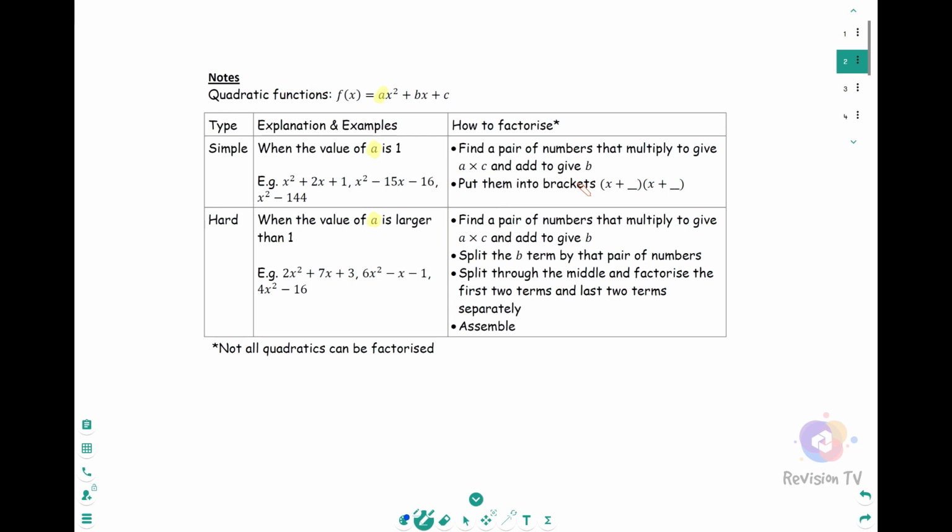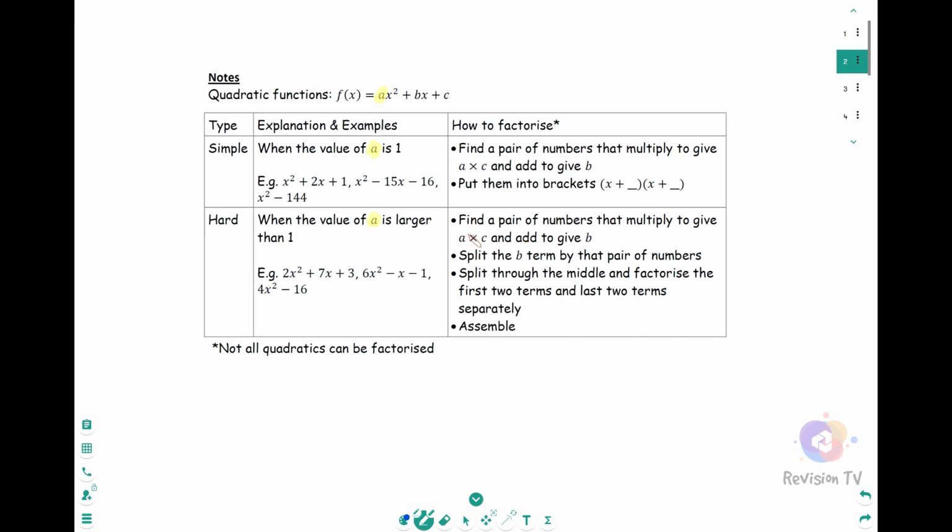Right, the main theme of today, the main dish today, is about the harder ones. So when the value of a is not 1, for example, 2, 3, 4, 5, 6, usually, sometimes you have negative, but rarely, because when you have negative, you can make it back to positive by rearranging to the other side.